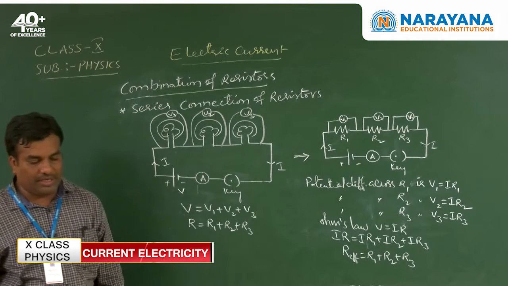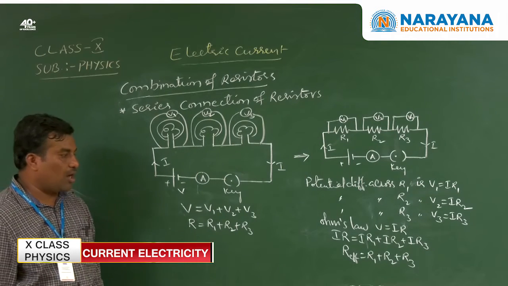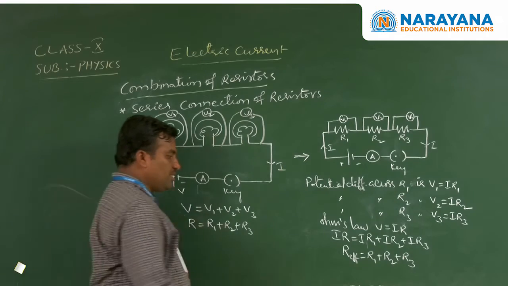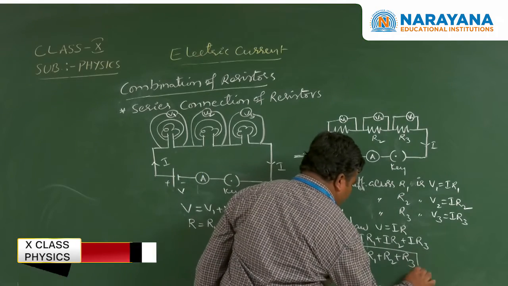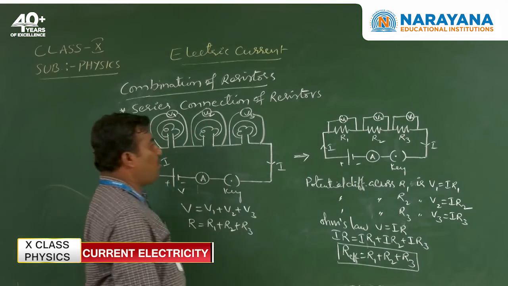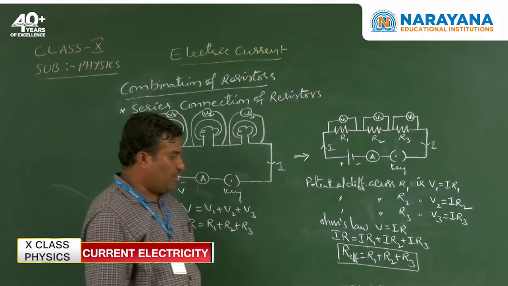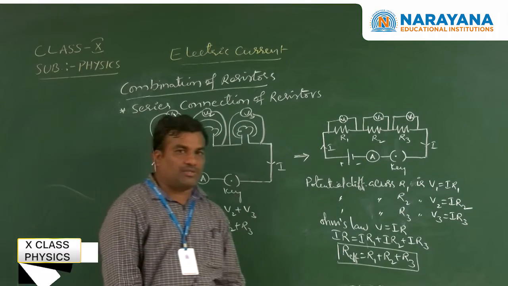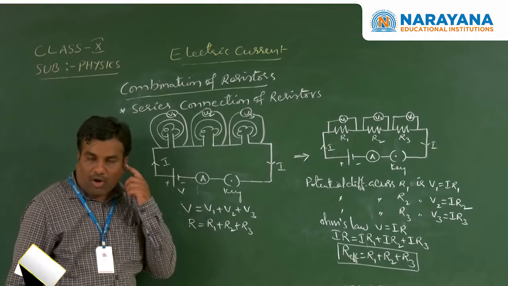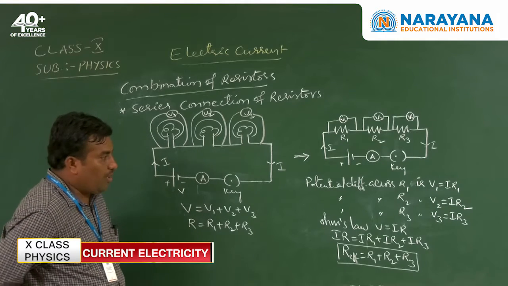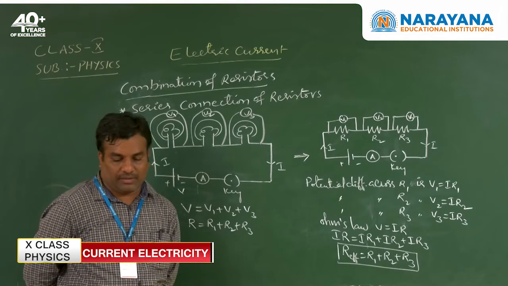This is called the series connection of resistors. So what happens when one of the resistances breaks?